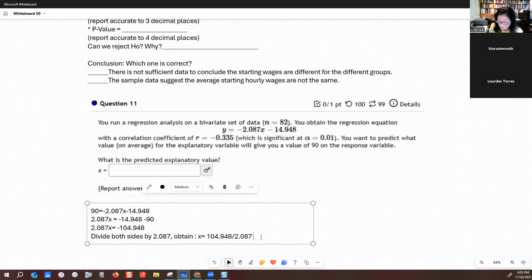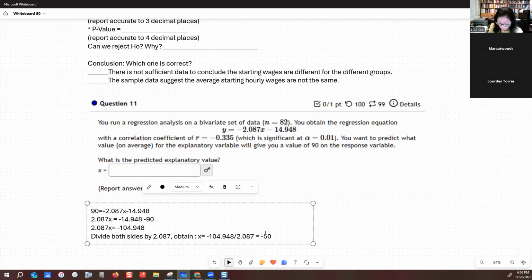And you should have come out with the answer already. If you have a calculator there, oh, I forgot my negative sign. So the answer will be 104.948 divided by 2.087 and become negative. Our answer should be negative.